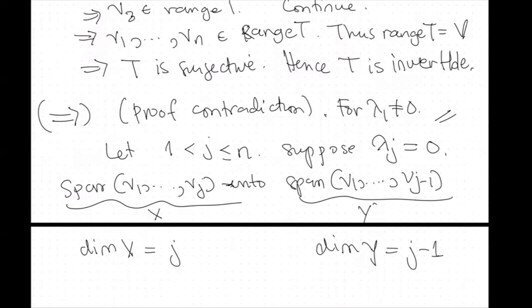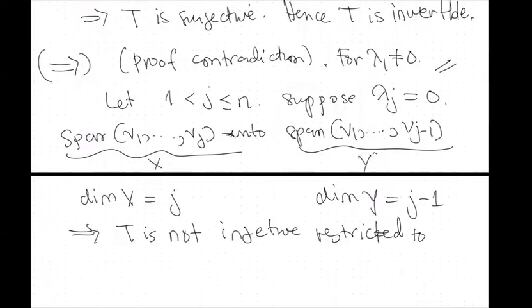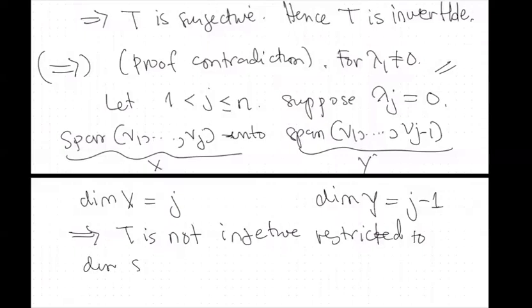That means T is not injective when restricted to the span of V1 to V sub j.